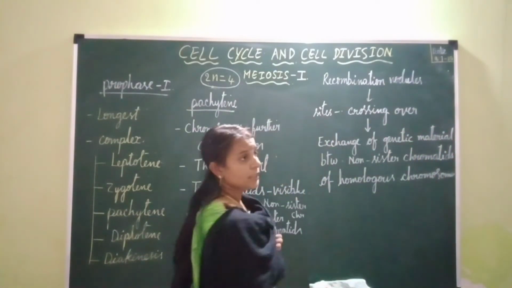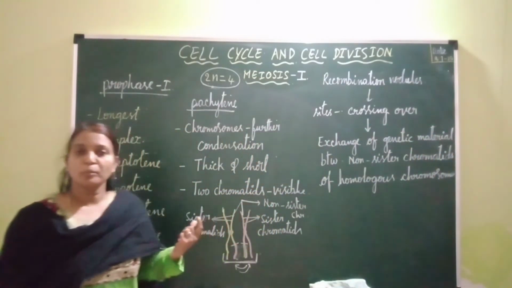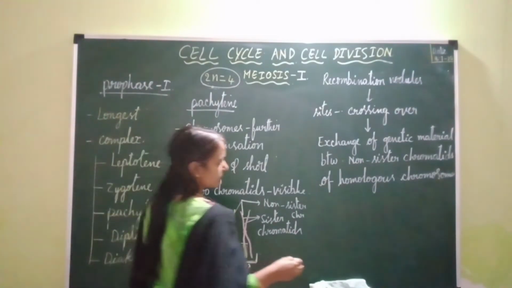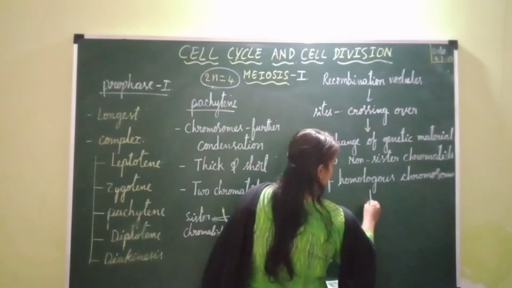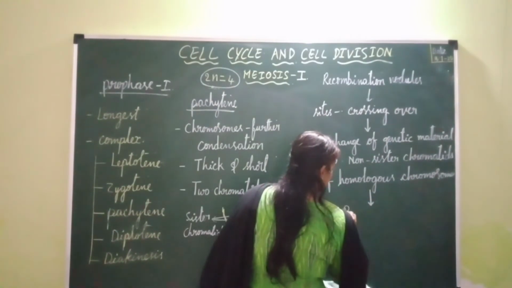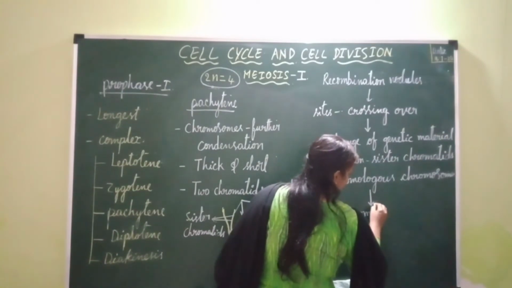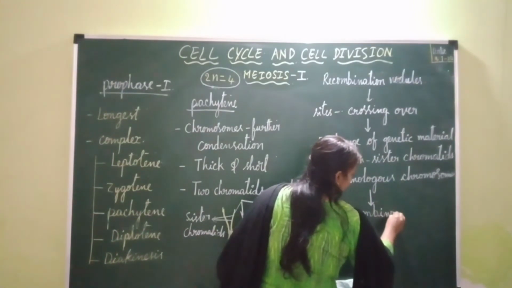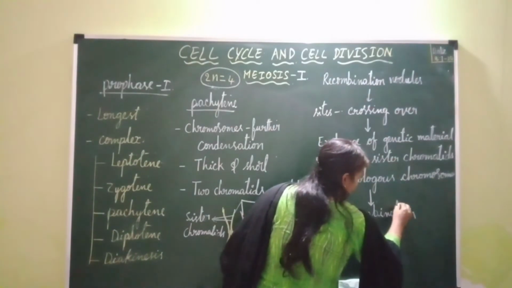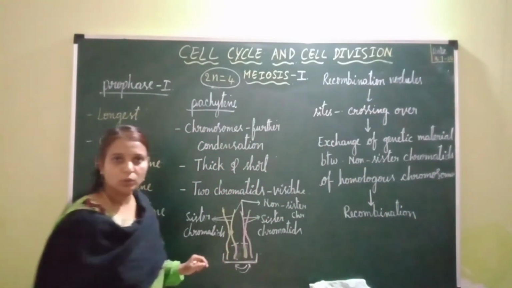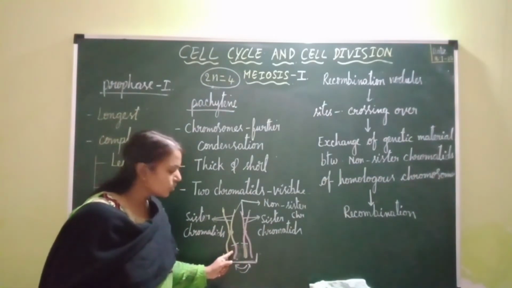This crossing over is performed by an enzyme called recombinase, and this process is also called recombination. Let's see why. Due to the exchange of genetic material between non-sister chromatids of homologous chromosomes, there is exchange of genes.